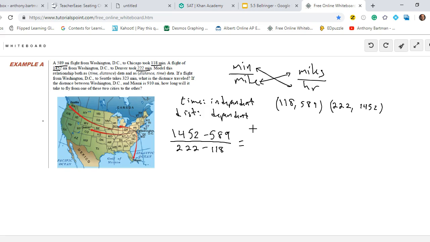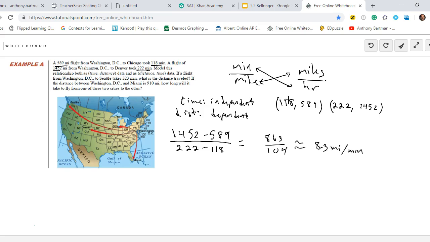When we do that, you should get 863 over 104. So we could say that is about 8.3 miles per minute. If we actually divide those out, you get about 8.3.